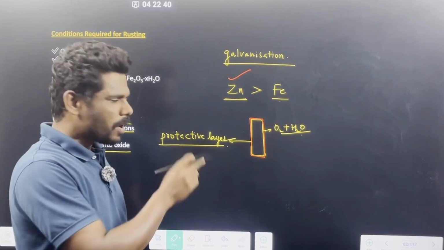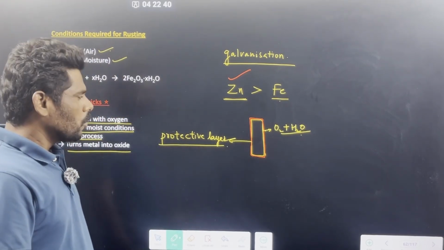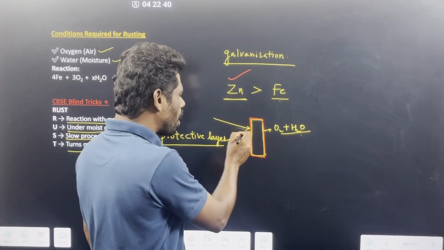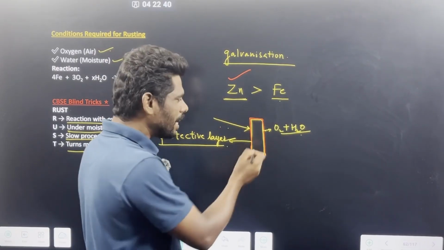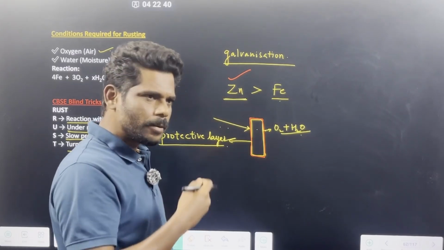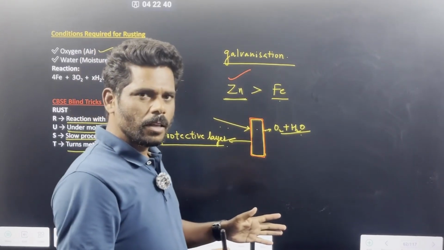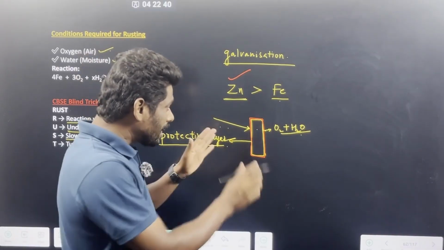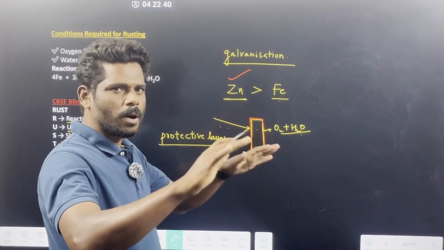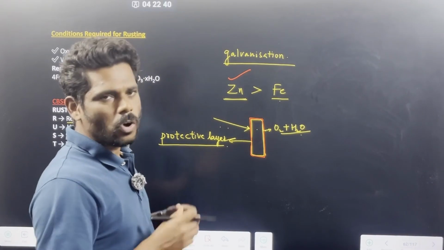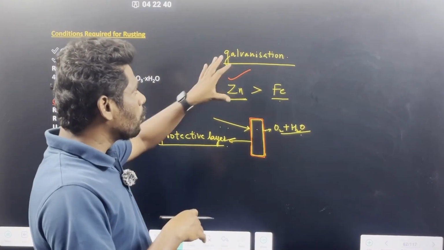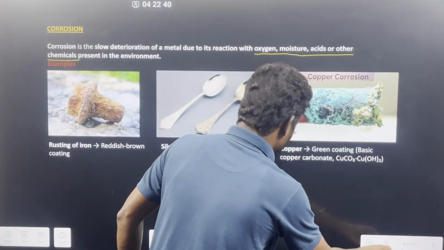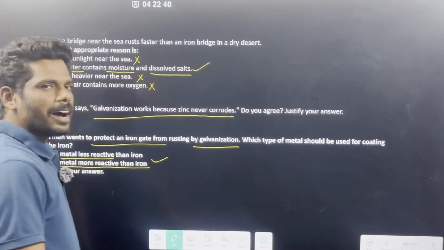This protective layer prevents oxygen and moisture from reaching the iron, because the iron is inside. Water and oxygen cannot come in contact with the iron. So iron cannot form rust and it will stay strong. That is the principle involved in galvanization. So now, for the third question, what will be your answer?